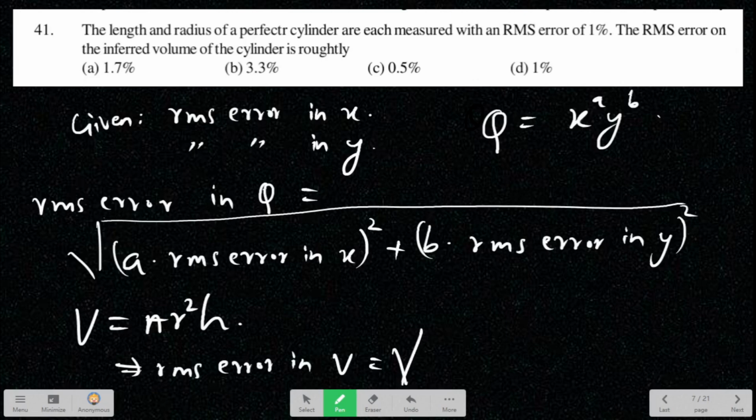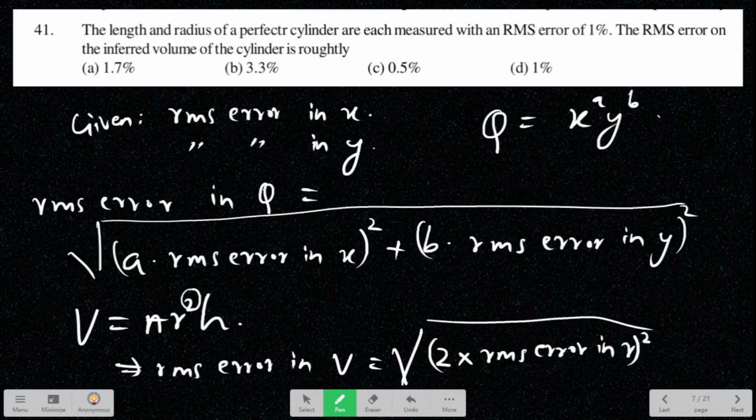is equal to under root, the power of R is 2, so 2 into RMS error in R squared plus power of length, the length is height which has a power 1, so 1 into RMS error in L, take square of it.